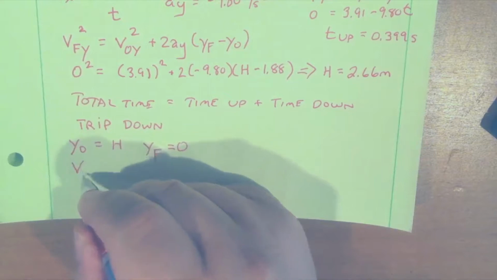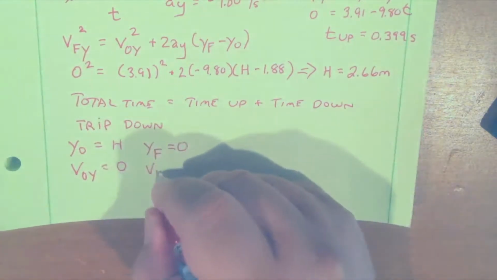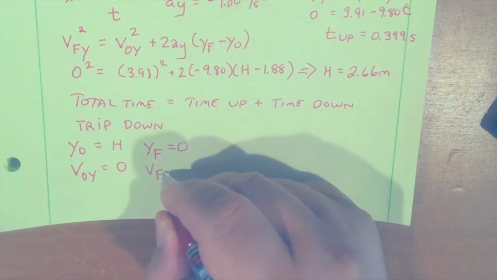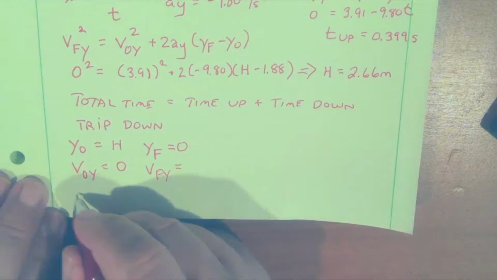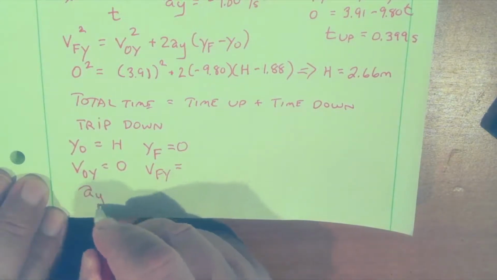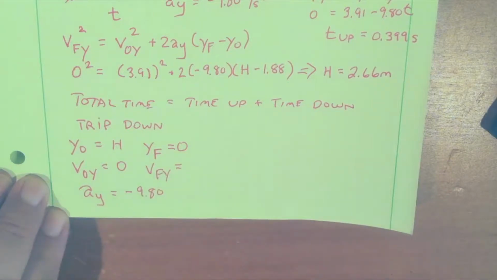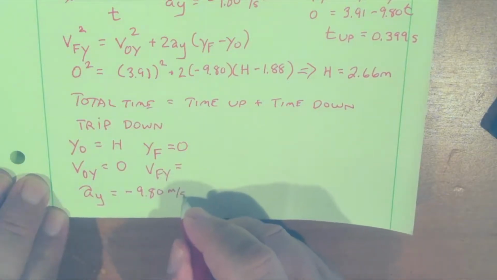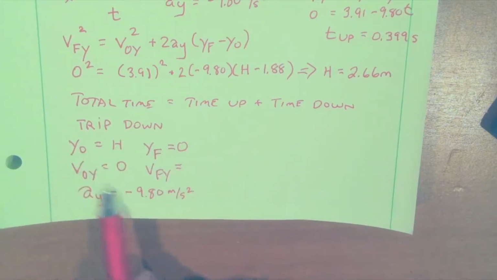Our initial y velocity, remember, is going to be 0. And our final y velocity, well, we don't know that yet. The acceleration in the y direction is going to be negative 9.80 meters per second squared. So these are the data for the trip down.